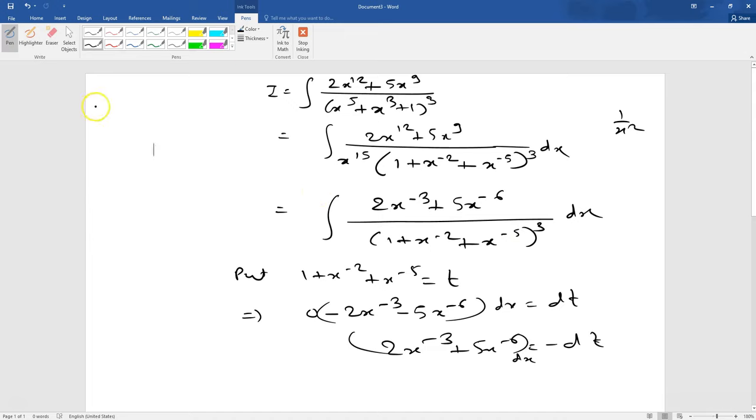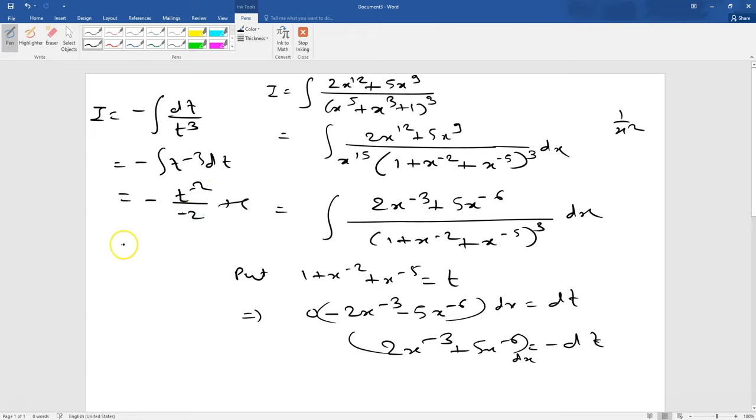सो ये वाला पार्ट हो गया dt upon ये हो गया t, ये यहाँ पे क्यूब है. सो अगर हम यहाँ पे देखेंगे I क्या हो गया, this is going to be what? Minus dt upon t cube. So minus t raised to minus 3 dt, right. सो इसका इंटीग्रेशन जो आएगा वो आएगा t raised to minus 2 upon minus 2 plus c, minus minus plus 2 हो गया.